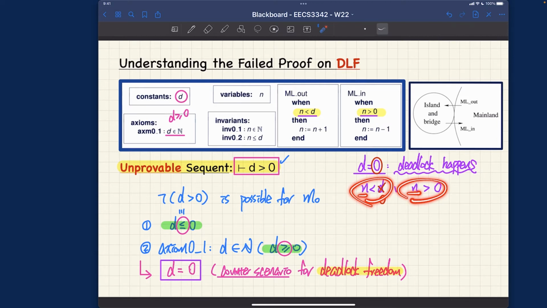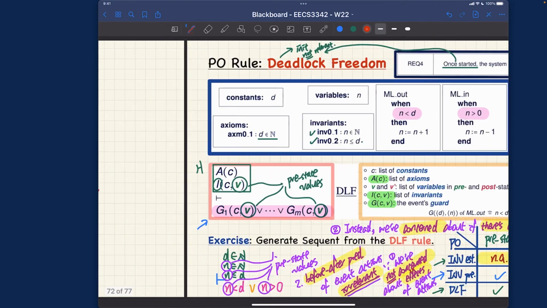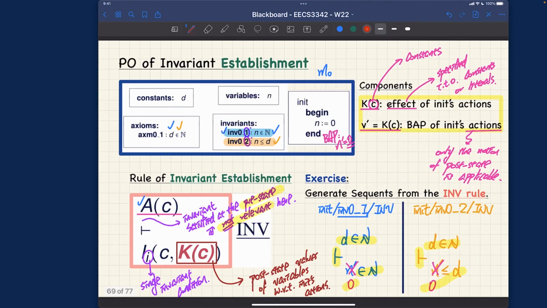What would that be? Well, for example, when n is equal to 0. And when is n equal to 0? In that case, when we first launched the system, let me remind you very quickly, if you recall what we did earlier about the initialization event, you can see the init event over here unconditionally will simply initialize the n variable to be 0.